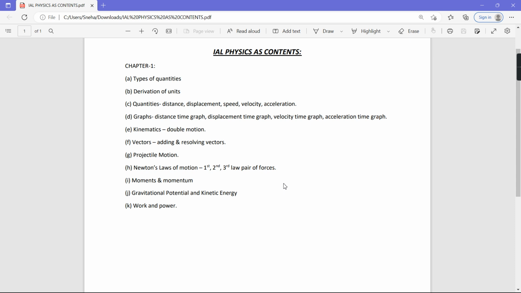So in today's class, I'm going to try to cover part A and part B, like the types of units and quantities and the derivations of quantities, and a few basic quantities like distance, displacement, speed, velocity, and acceleration, right? And our next class is going to start from tomorrow, right?